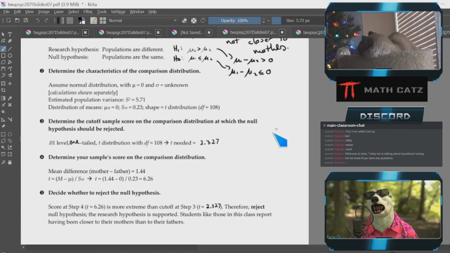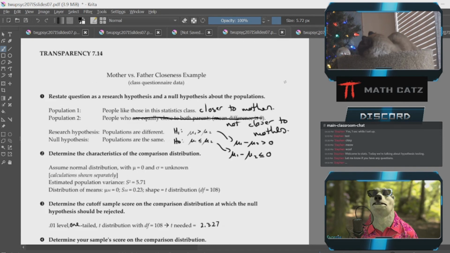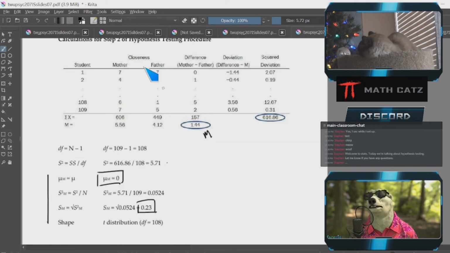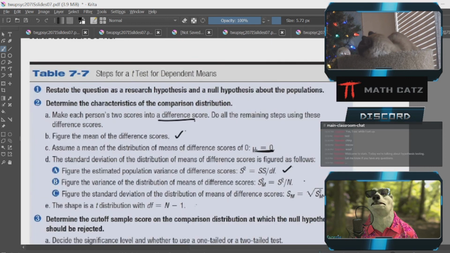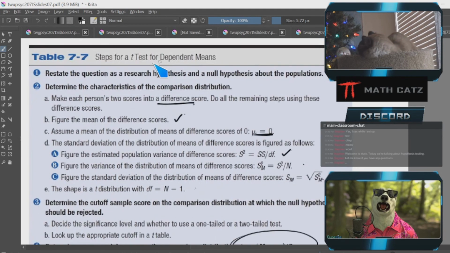Okay, so everything is very much the same, except if we have a before-after situation, or we have two sets of scores in our sample coming from the same people. We call that a t-test for dependent means. Dependent means the mother-father scores depend on each other. They're connected to each other. Sorry, what did I just say?